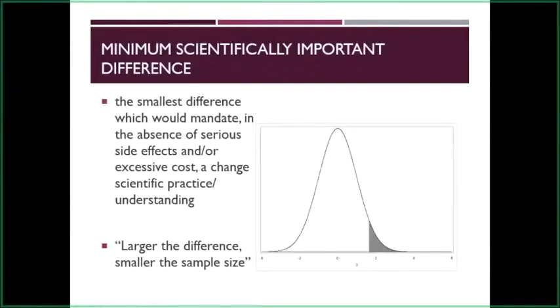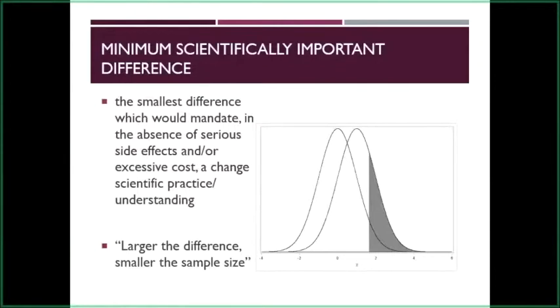How does this impact the sample size? Again, I gave you this rule of thumb. The larger the difference, the smaller the sample size. The curve I'm showing you here, again, represents the null hypothesis, and you can see the rejection region. What I'm showing you now, the curve on the right, is what we would expect under the alternative hypothesis for a 1-unit difference, okay? And so you can see that there's a lot of overlap between those curves. So for many possible outcomes as a result of the statistical test, it would be hard to say from which distribution they came, right?